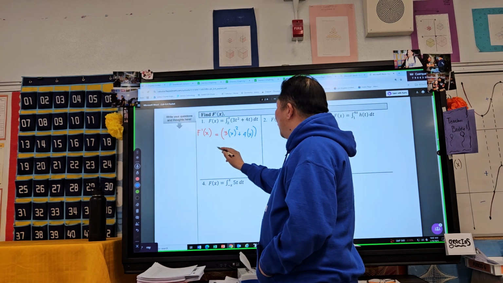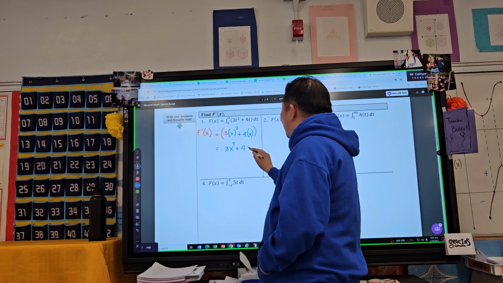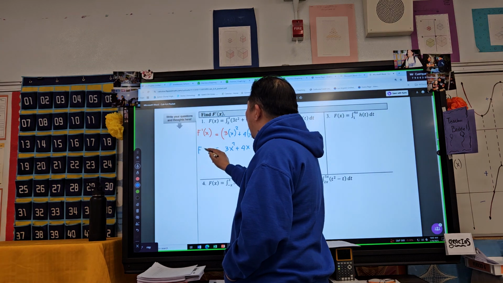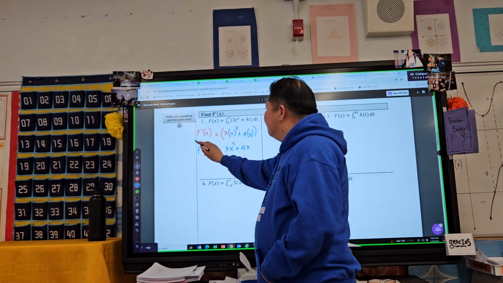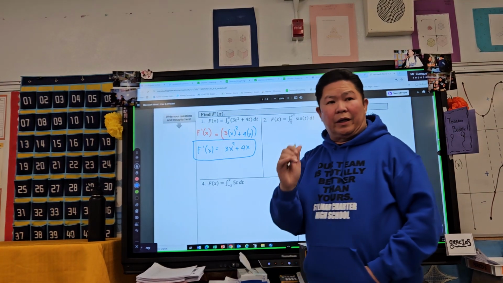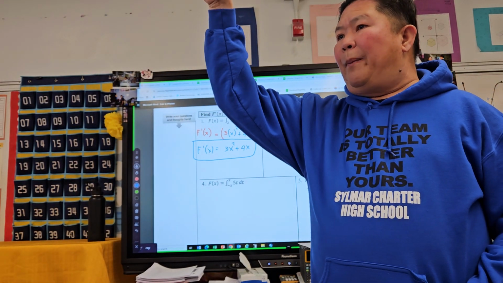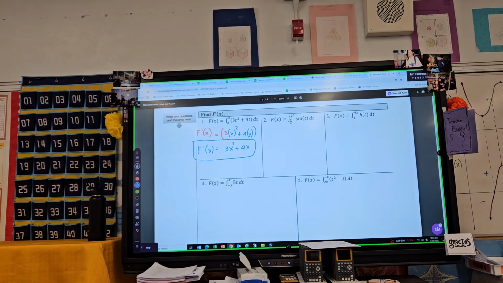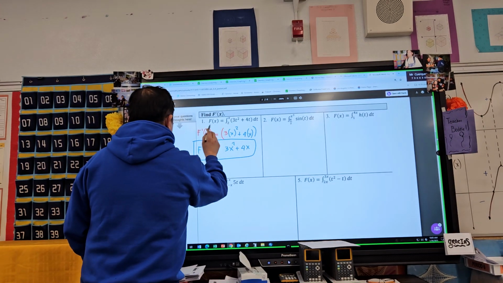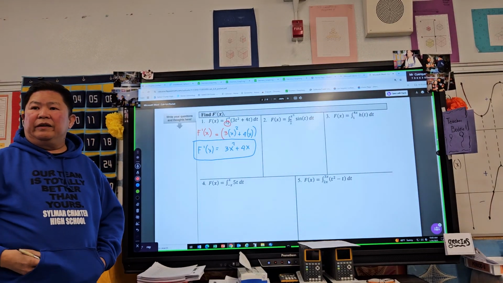So this is 3x squared plus 4x. This is now f prime of x. Any question? Once the lower limit is a constant, what to do is just plug in the upper limit. Is that clear, guys? Since this is constant.